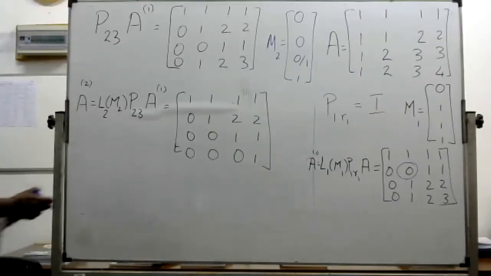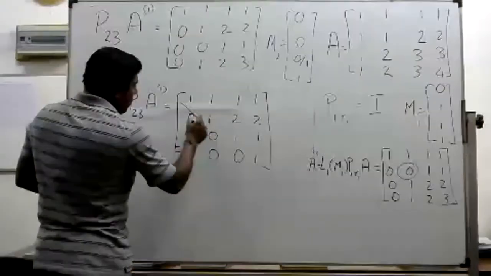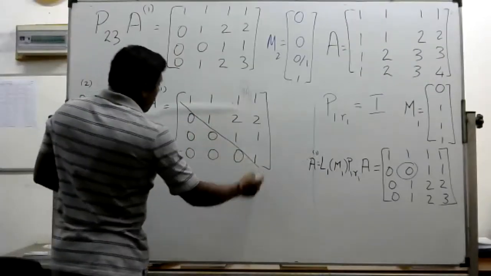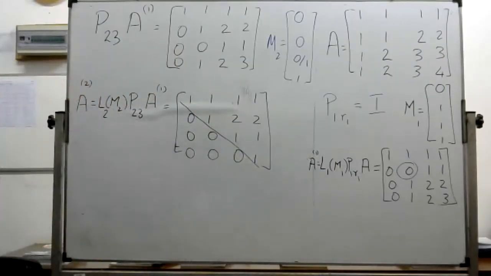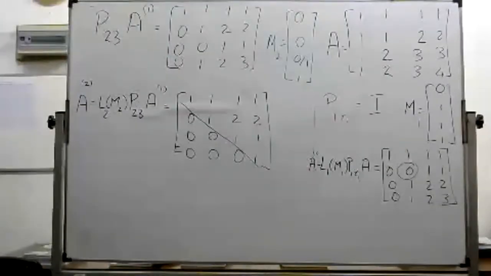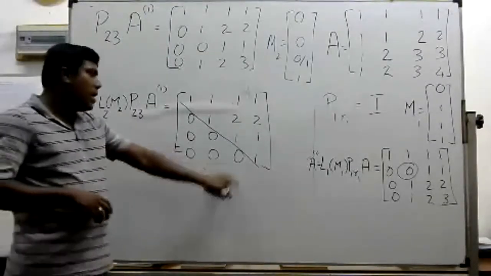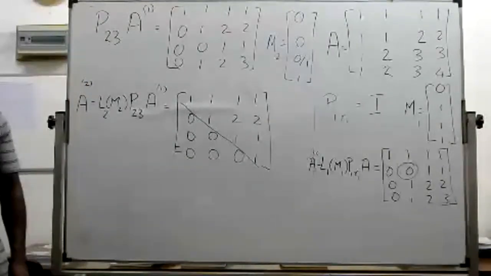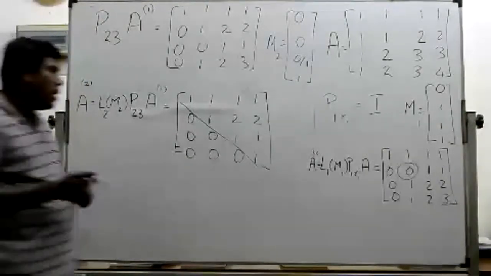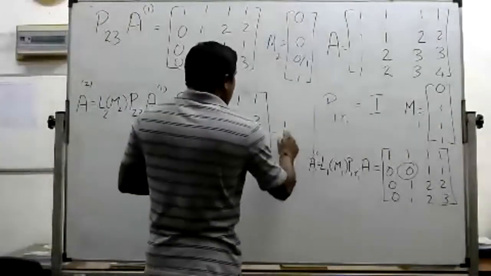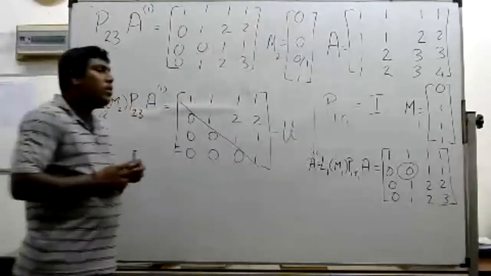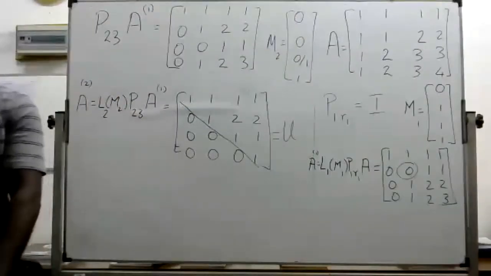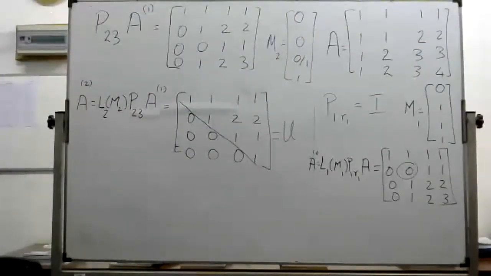So now I can stop here because I already have an upper triangular matrix. So I don't need to go for the next step because I already have elimination here in the second step already. So I have an upper triangular matrix, and I don't need to go to the next step in elimination.